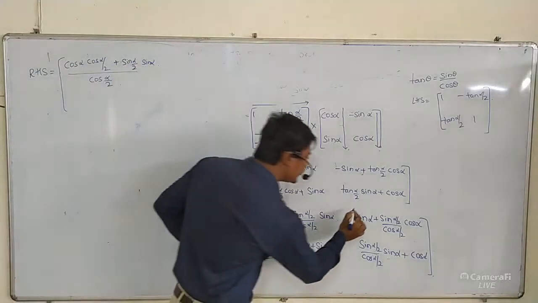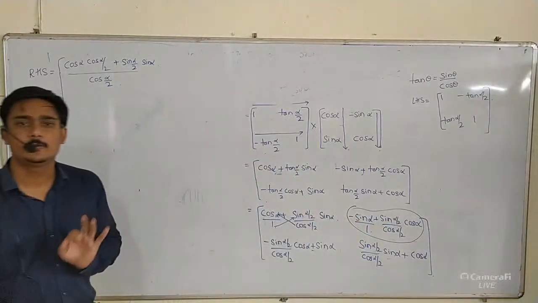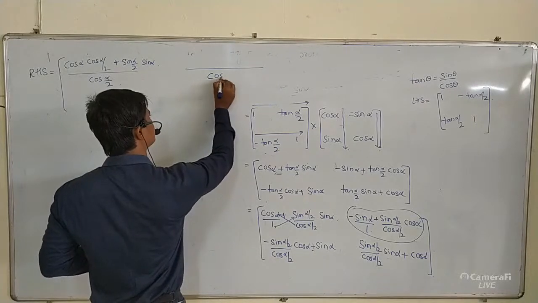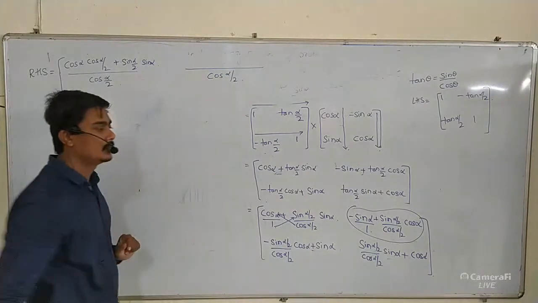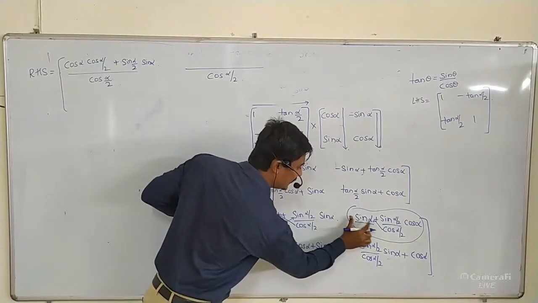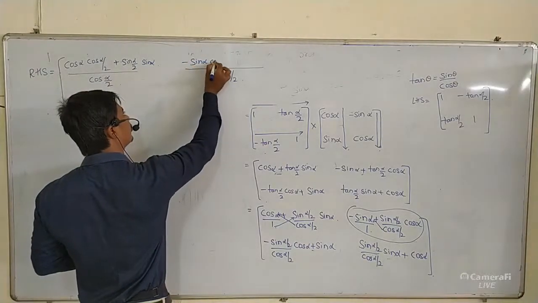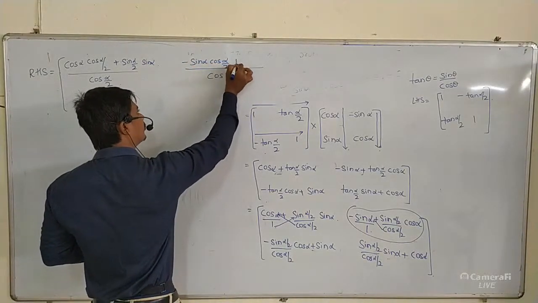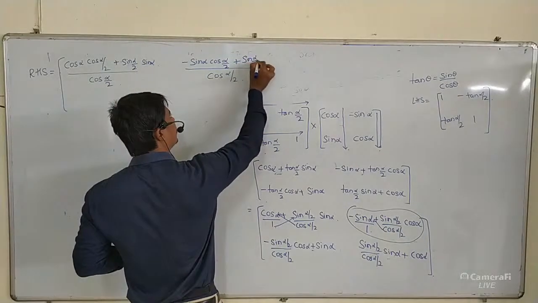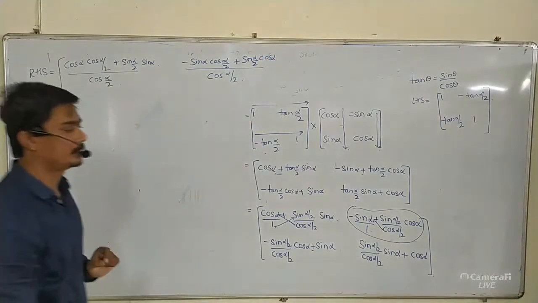In the second term also, we will take cos alpha by 2 as LCM. When you take cos alpha by 2 as LCM, minus sin alpha into cos alpha by 2 plus sin alpha by 2 into cos alpha.